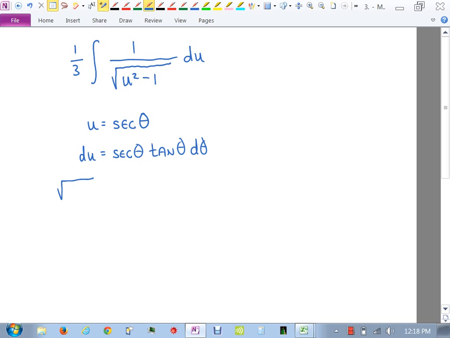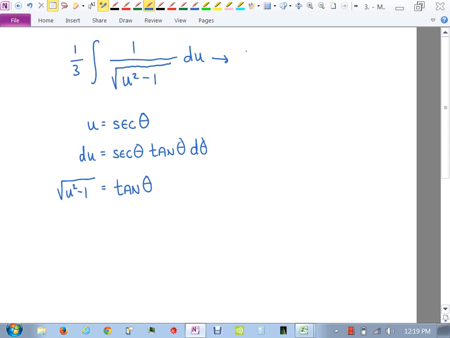And then the square root of all this junk, u squared minus 1, is a tan theta. Okay. So just tan theta for us, right? Questions? I'm ready to rewrite the integral here. We ready to go?